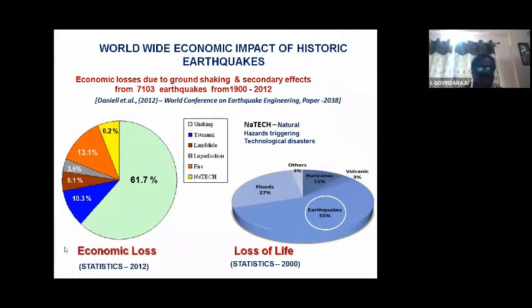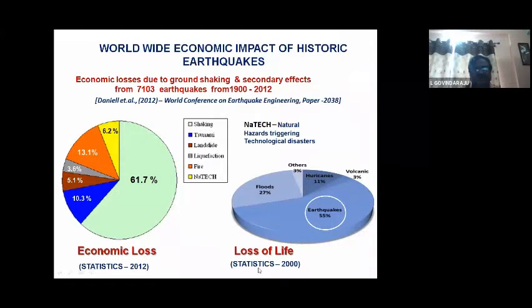After a decade, if you extrapolate linearly, or exponentially, it could be of the order of 80%. So 80% of the economic loss is mainly due to ground shaking, and the secondary effects could be around 20 to 25%. So what is the loss of life?